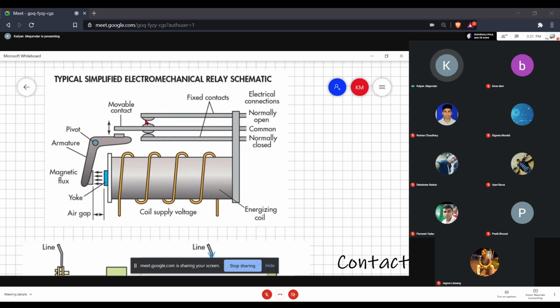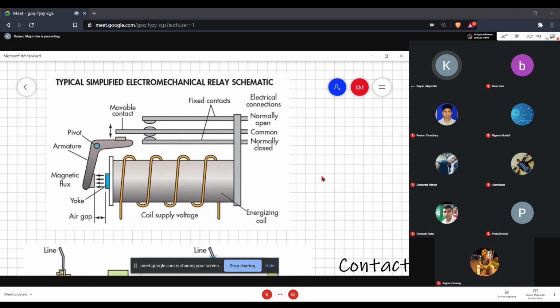If this is pushed upwards, this then closes the circuit. So when you apply activation, this movable contact and the normally open contact form a closed electrical circuit. When you're not applying a voltage to the relay coil, this common contact or movable contact and the lower fixed contact form a closed electrical circuit.